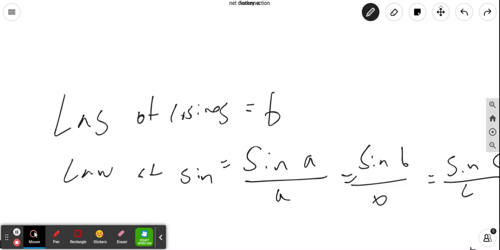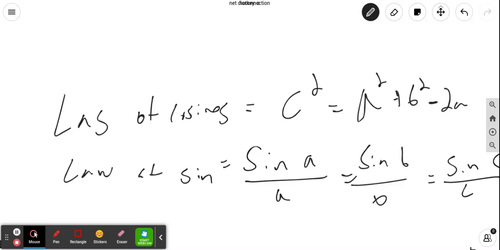It should be c squared equals a squared plus b squared, and then times 2ab, but I will double check. Law of cosines is, yeah, sorry, I was close. It's a squared plus b squared minus 2ab cosine of c.